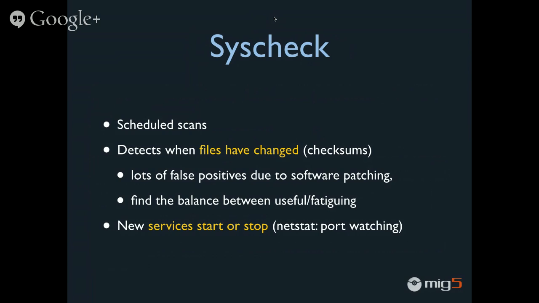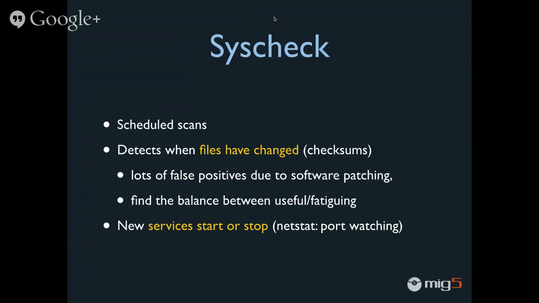And then once those files change, it'll go, oh, the checksum is different, and send you an email about it. It doesn't sound very useful, but can be if for some reason the SSH binary has changed and you didn't patch it. Oh, that's interesting. Might have a problem.